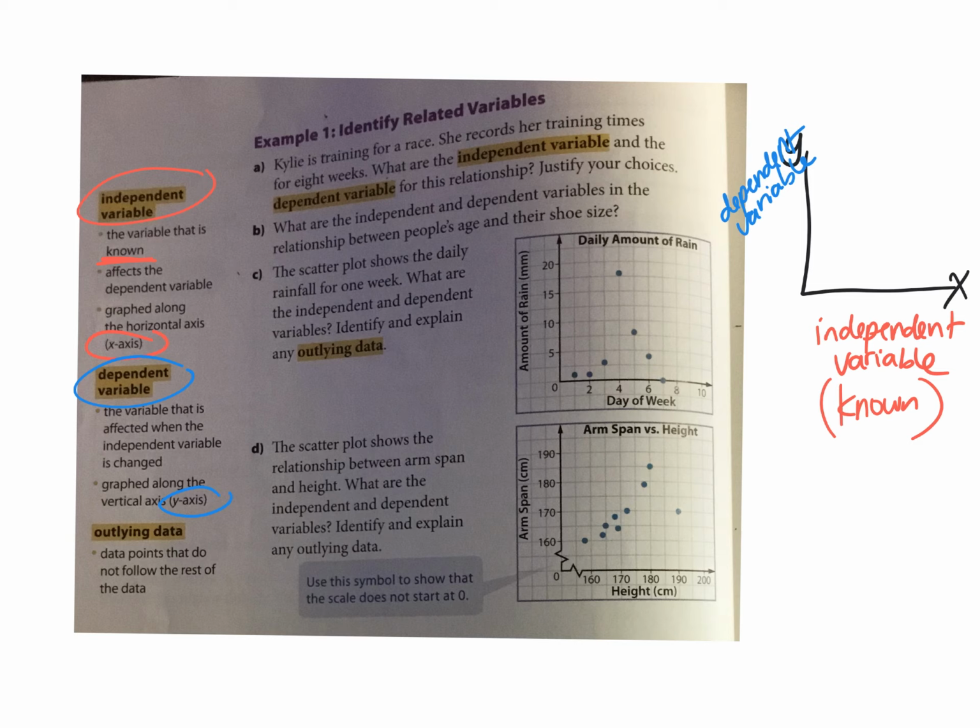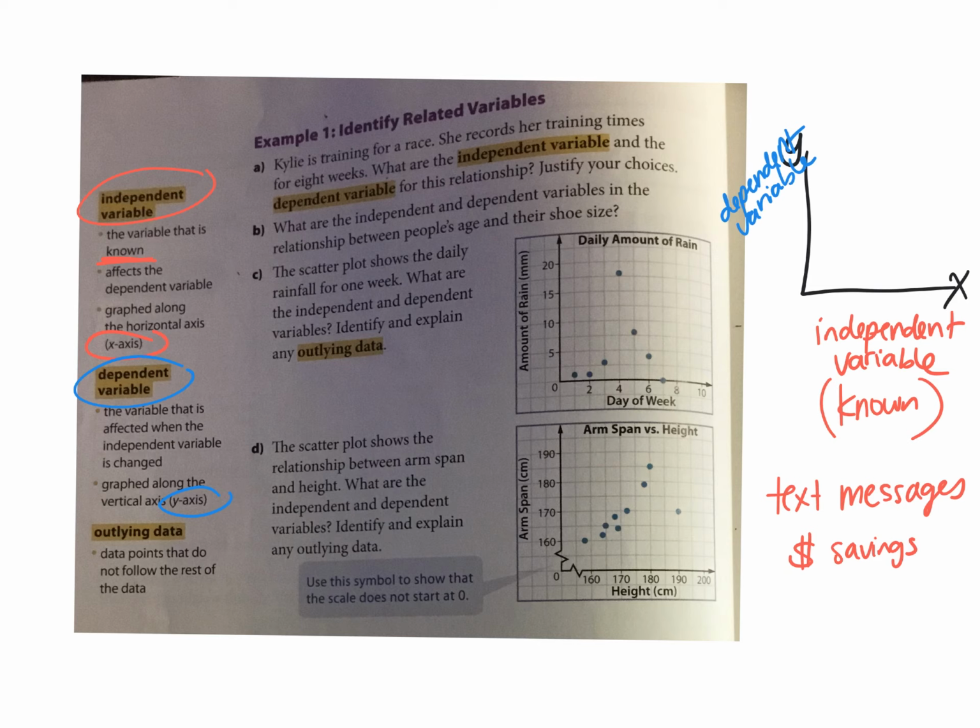So in the previous example, we were looking at a relationship between text messages and monthly savings, the amount we save, right? Savings. Which one of these would you know the answer to right away? Would you know how many text messages you send in a month, or would you automatically know your savings? You know your text messages.